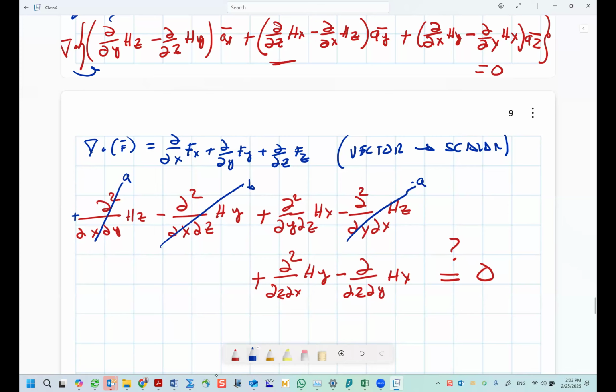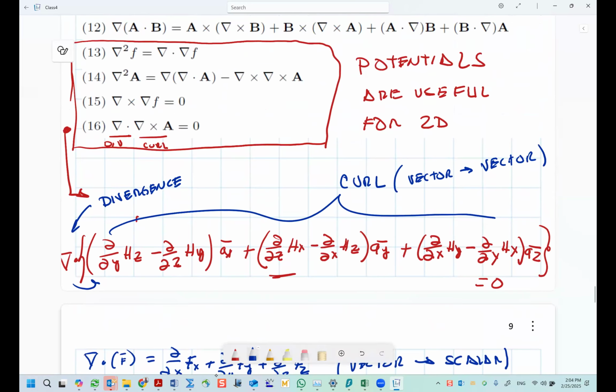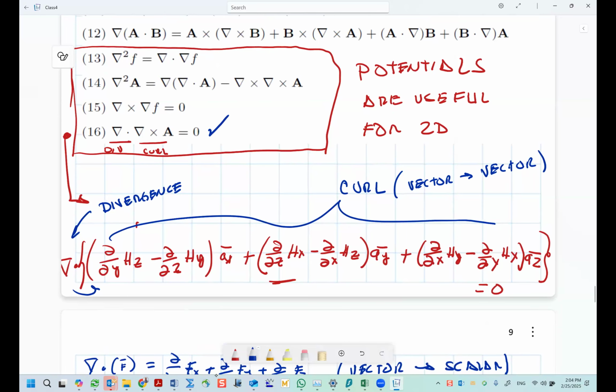This is b, which eliminates with b, since it is negative here and positive there, and the other one will eliminate with c. So it is identically 0. So this is true: the divergence of the curl is equal to 0.